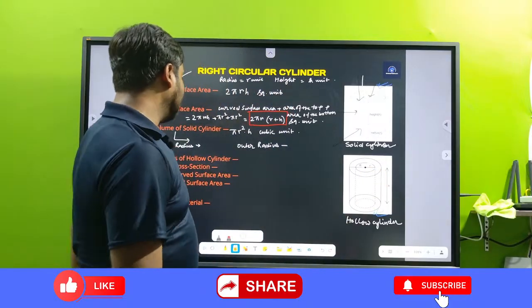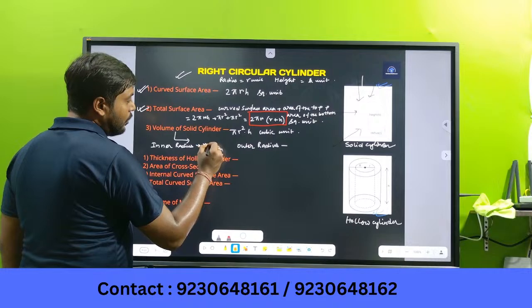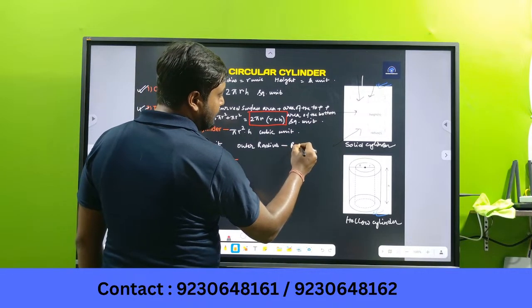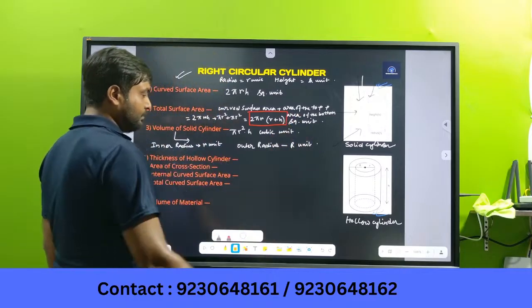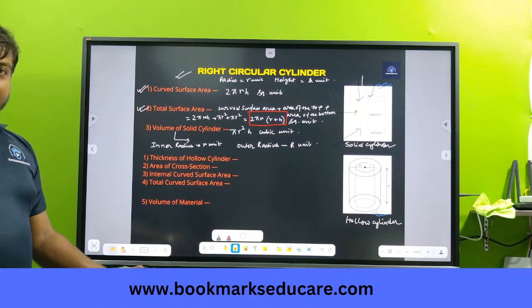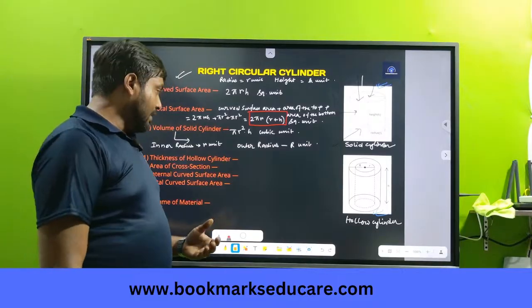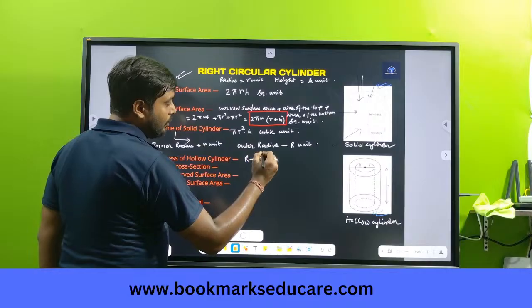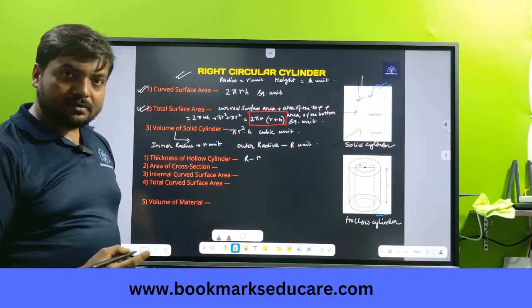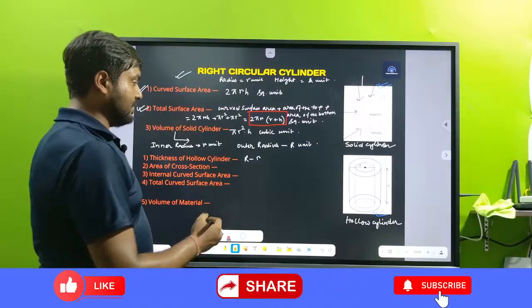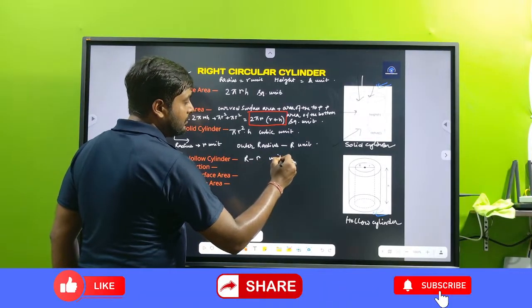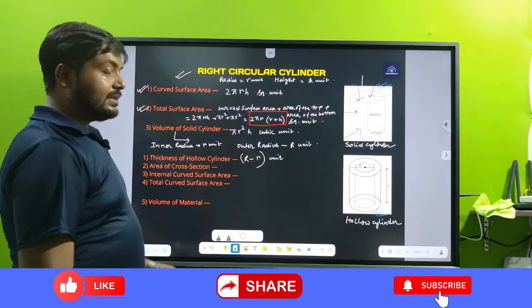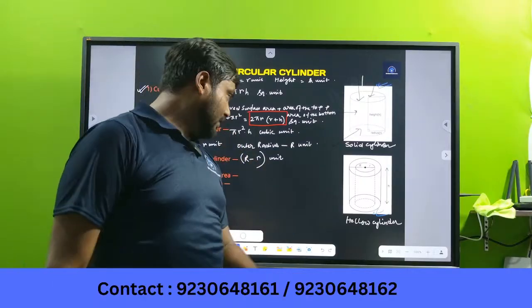The inner radius is denoted as small r unit, and the outer radius is capital R unit. So there obviously is a thickness, and the thickness will be capital R minus small r, that is outer radius minus inner radius, and the unit will be simple normal unit. This is the thickness of a hollow cylinder.